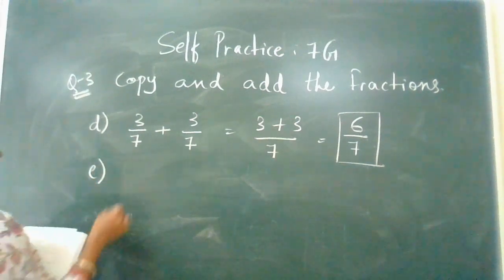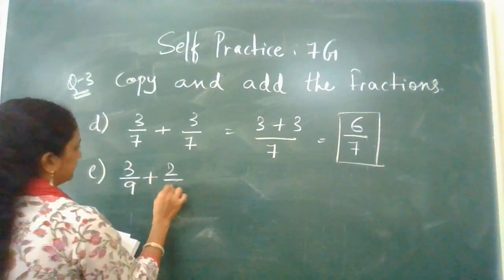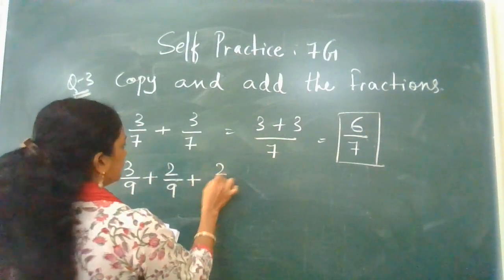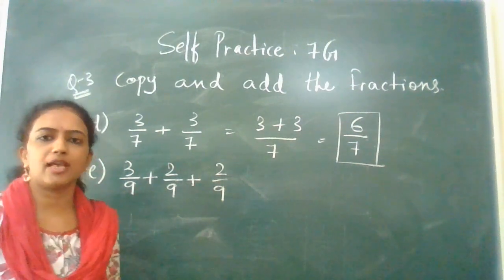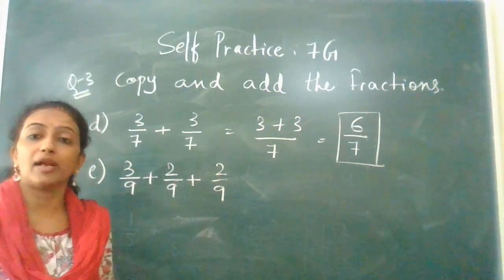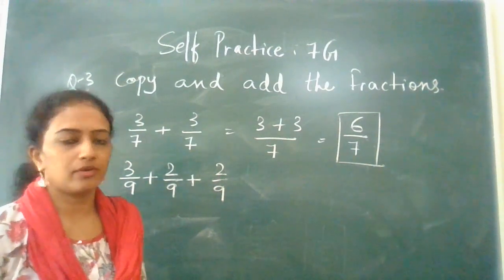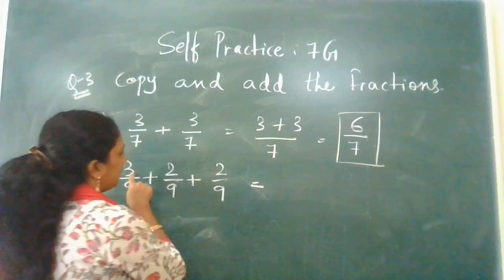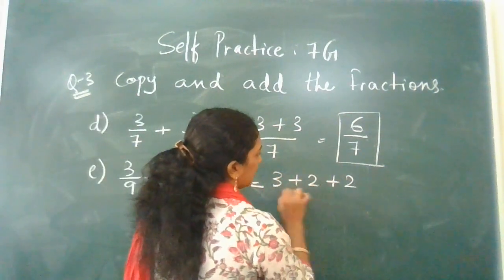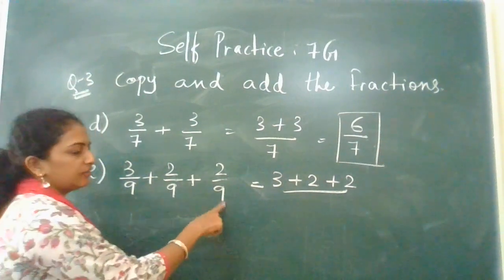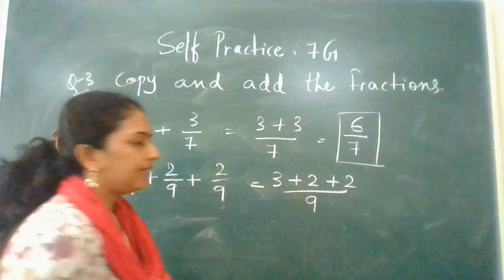Now E, here in E you are adding 3 fractions. You are adding 3 fractions, but the method will remain the same. If you add 2 fractions or more than 2 fractions, it does not change the basic method. So here also 3 plus 2 plus 2, over the common denominator, that is 9.